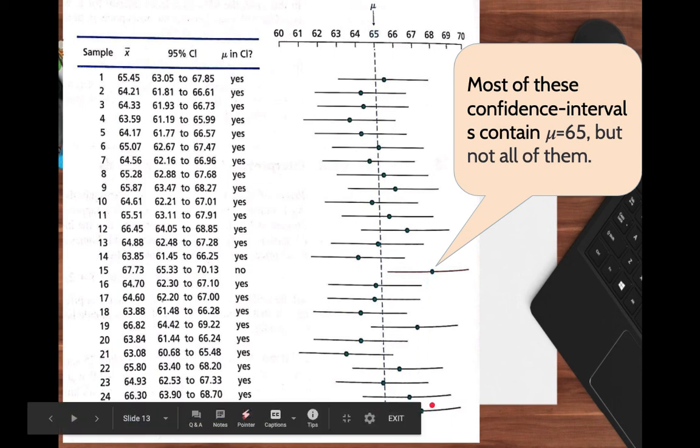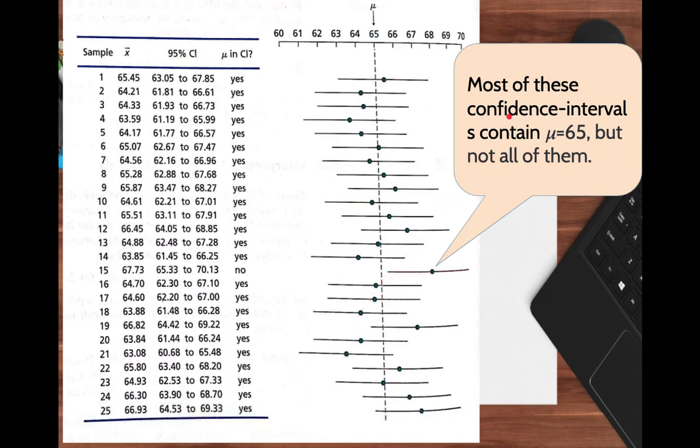Here's one that almost pops up. There's a few of these that are kind of extreme in this case. Here's one going the other way. So most of them contain mu, not all of them. That's one of the things with these confidence intervals. We're still saying, I don't know what it is, but I'm pretty confident it's somewhere around here. Hedging our bets, yep.